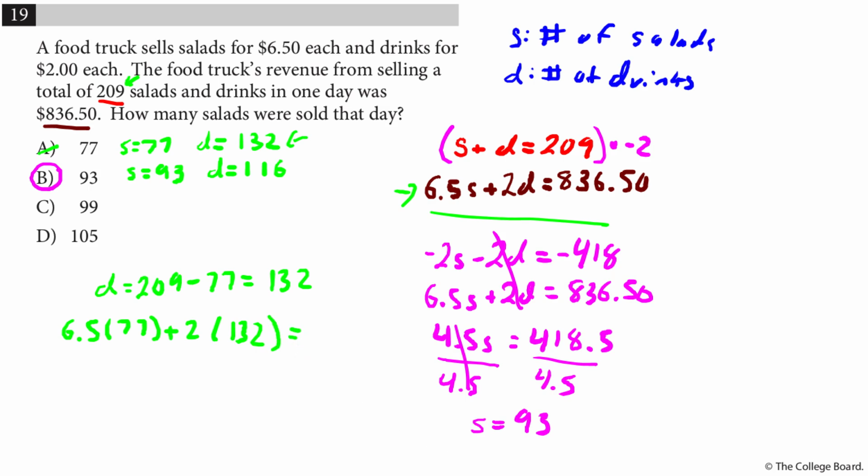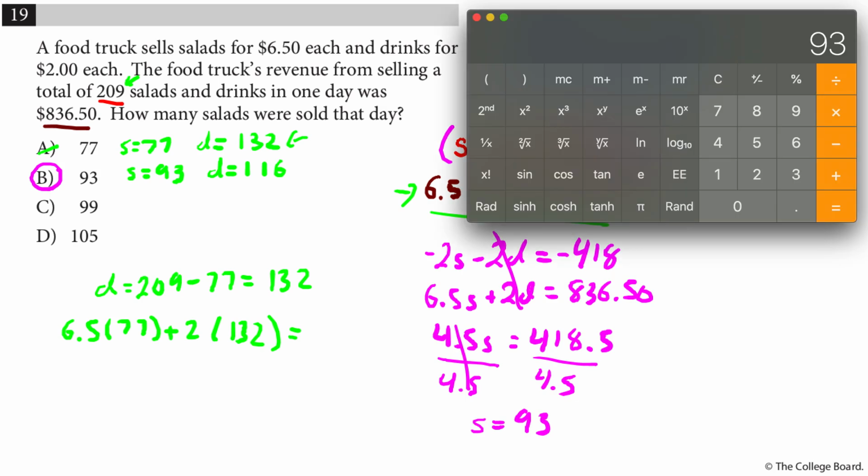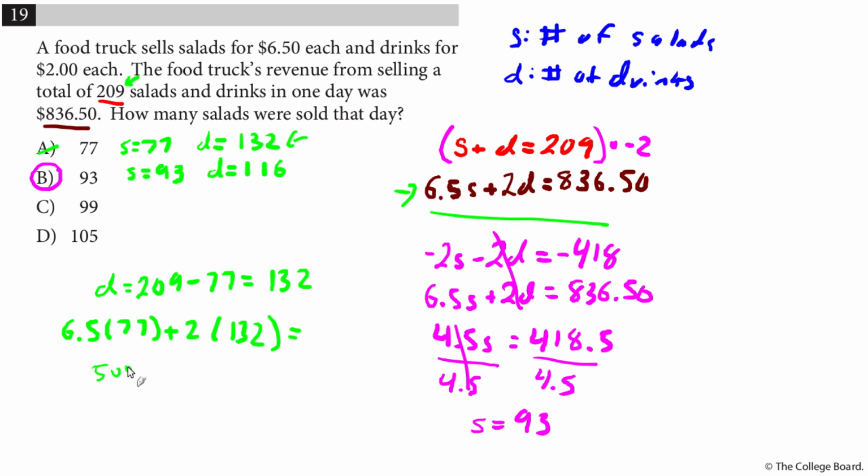So when I actually multiply that out, 6.5 times 77 is 500.5, 2 times 132 would give me 264. And when I add these up, I actually get 764.5, which clearly isn't $836.50.